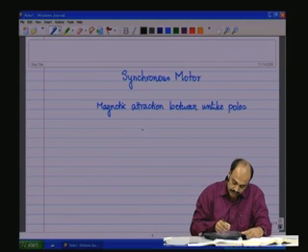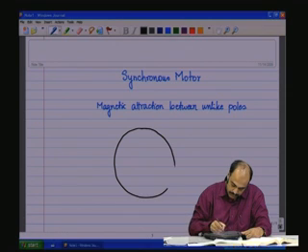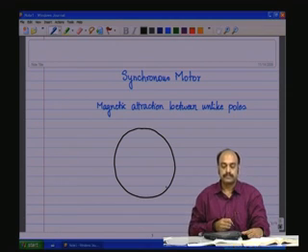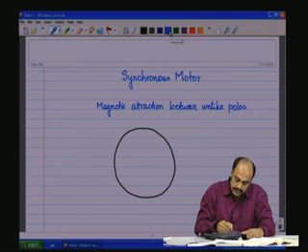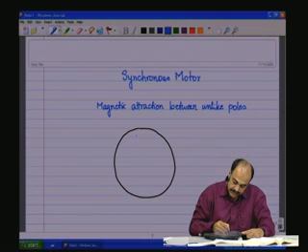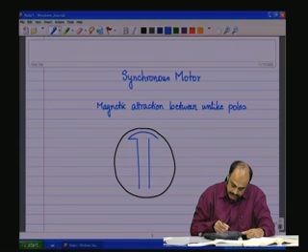Let us consider a stator and inside the stator let us have a rotor. Let us draw a salient pole rotor to understand the concept. So let me draw a rotor like that. This is called a salient pole rotor.